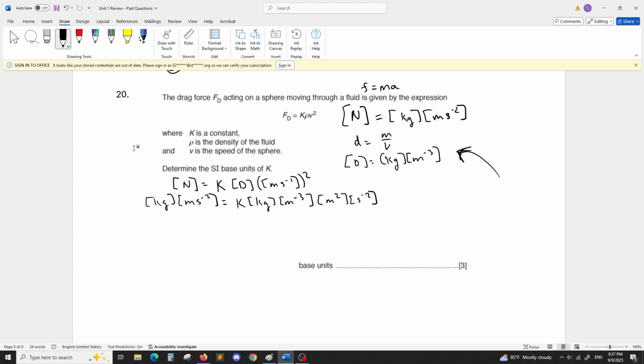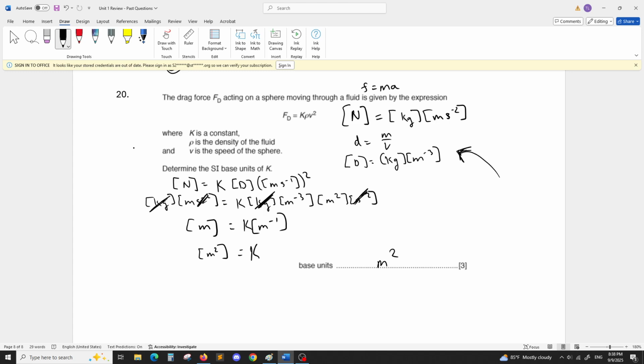Now we just have to cancel out everything. This is going to be fun. The kg and kg cancel each other, and the s^-2 and s^-2 cancel each other. Then we're left with k. We add the exponents because we're multiplying them and they have the same base unit. And then k is equal to m squared. So our base unit is m squared.